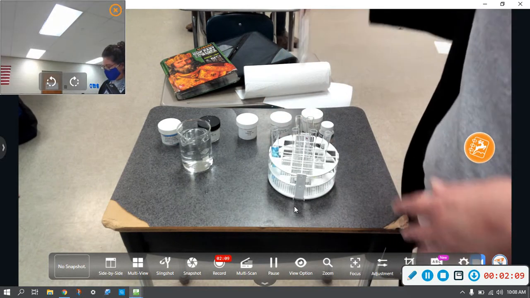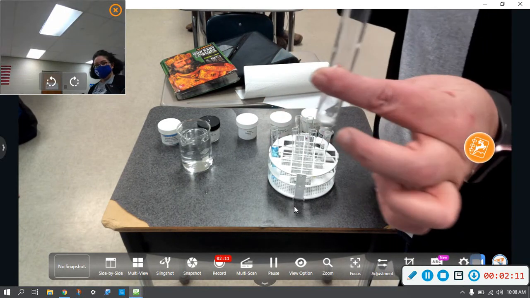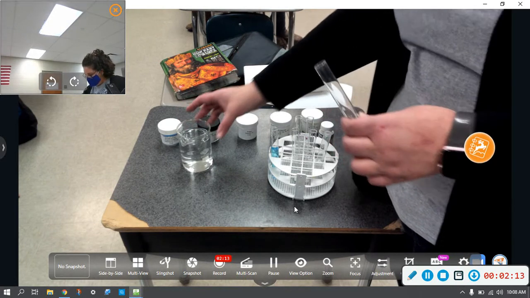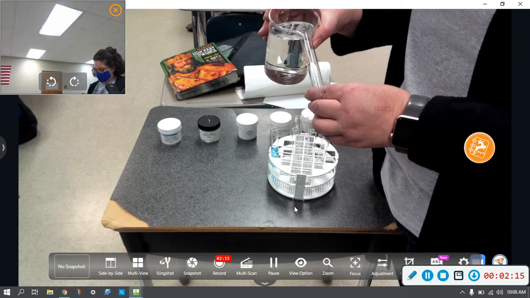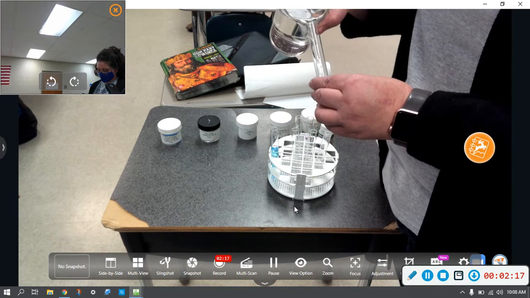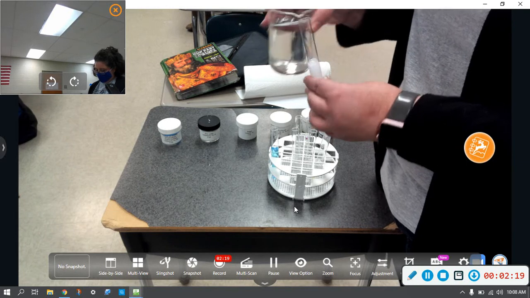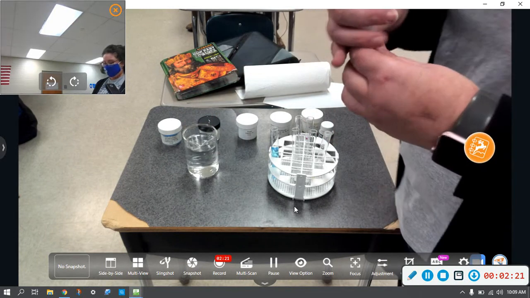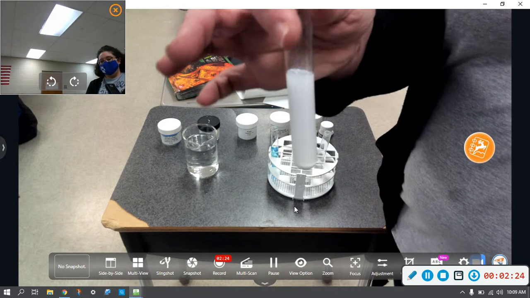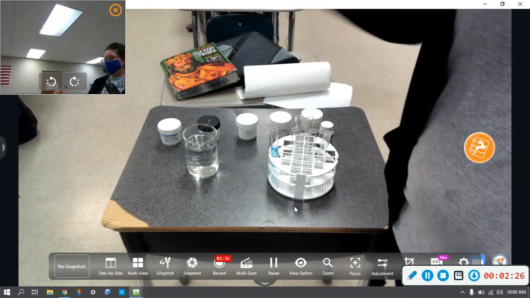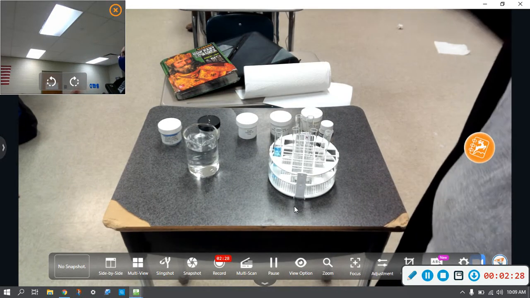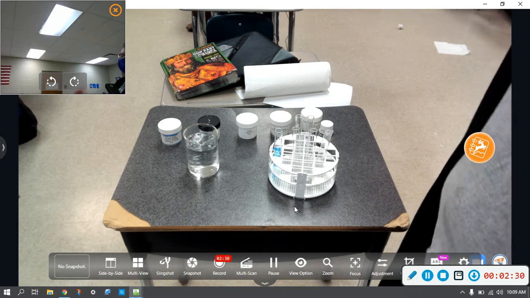Now, I'm going to add water to the zinc oxide. Okay, and it turned the water white. I'm going to shake it up. Y'all think it'll dissolve? No. Why?